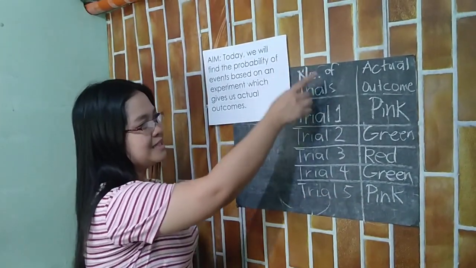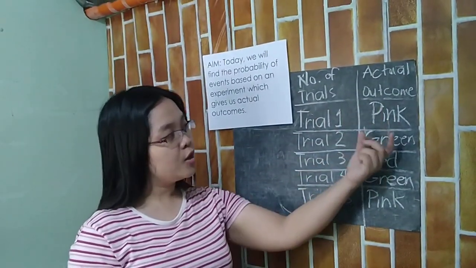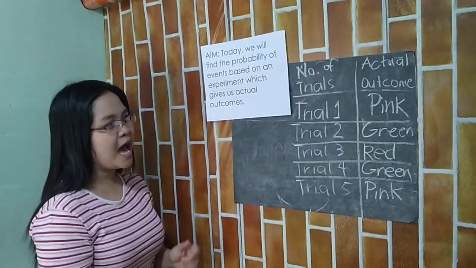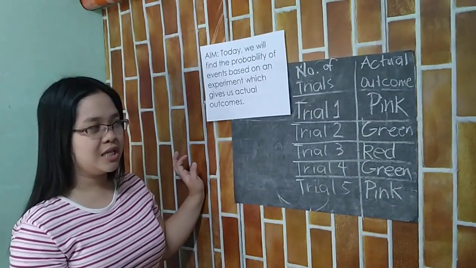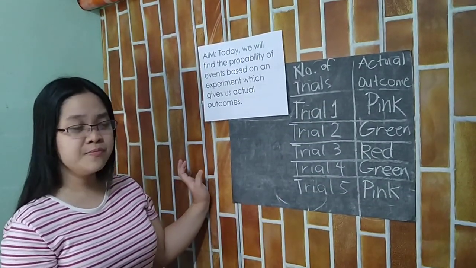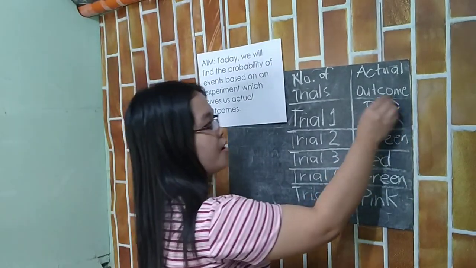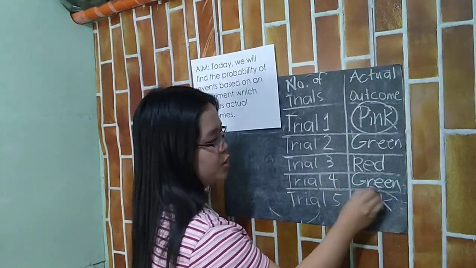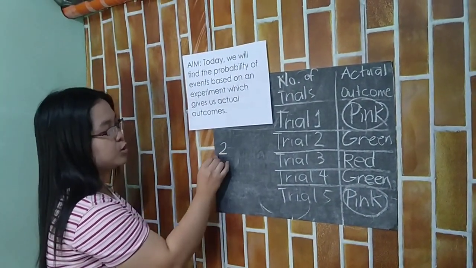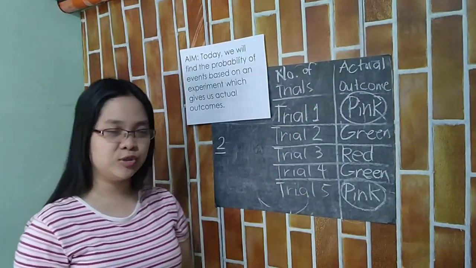Now, let's describe the probability of each colored unit cube here. Now, let's have the pink unit cube. Can you see the pink on our actual outcome? So, how many pink unit cubes are there? So, we have 1 and 2. So, we have 2 as our actual outcome.